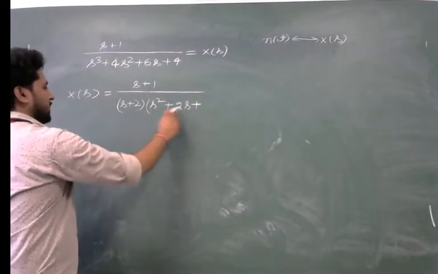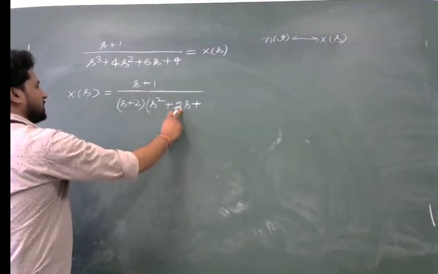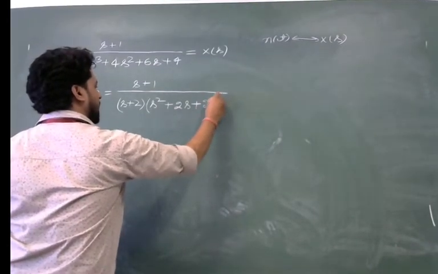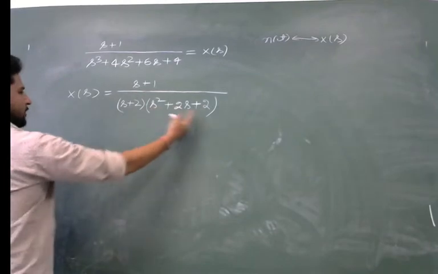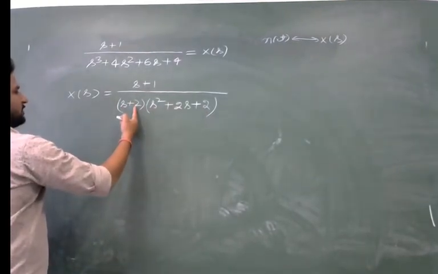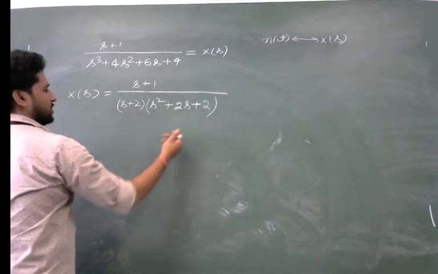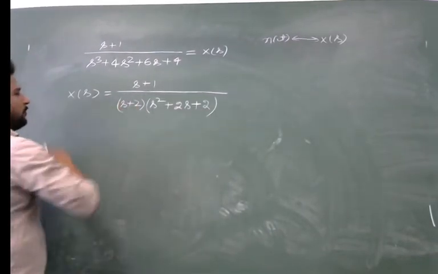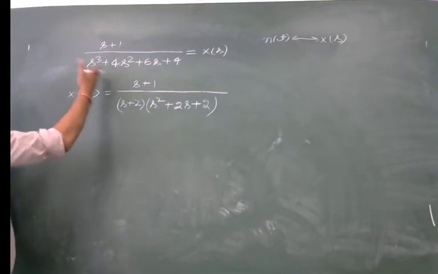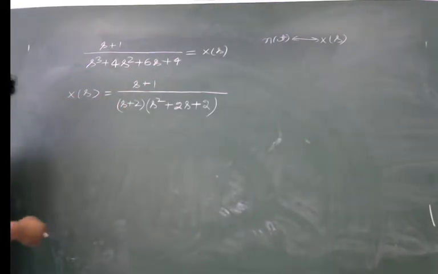So here we will get 2 into 2, 4s, plus 2s from here, and this will become 6s, and the constant term will become 2 into 2, 4. Now this is a cubic polynomial, and it can be factorized in this way.